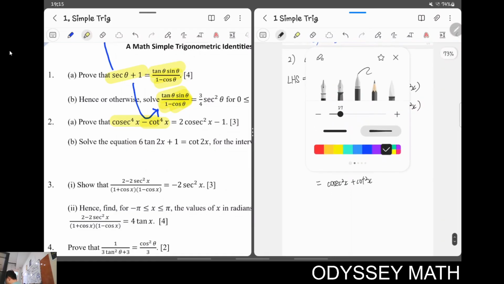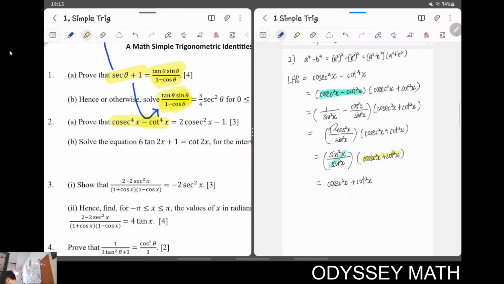So let me write down, okay, so here to here, the identity, in blue, is sine square x plus cosine square x equals 1. Now from here to here, I want you to write down 1 plus cotangent square x equals cosecant square x, which means that cotangent square x equals cosecant square x minus 1.